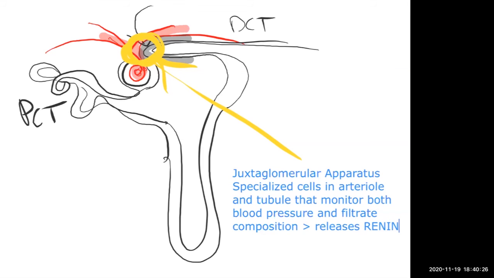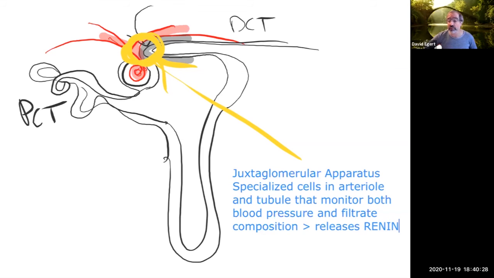Vasoconstriction. So one, angiotensin 2 is a potent vasoconstrictor. Vasoconstriction increases resistance, brings your blood pressure up. And that's one piece. What else? ADH and aldosterone are released. So ADH is released from the pituitary gland, which we've just been talking about.